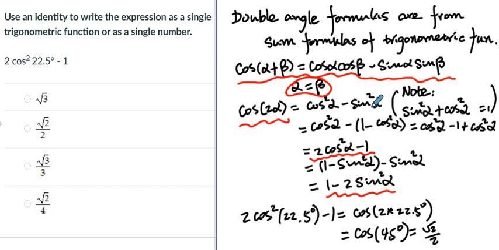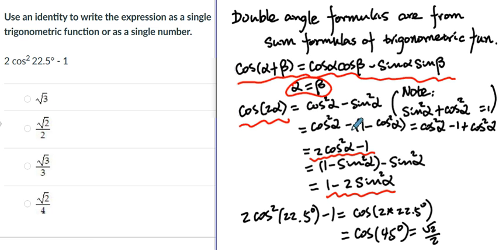Sine alpha squared will be equal to 1 minus cosine alpha squared if I take cosine alpha squared to the right. So here I simply replace sine alpha squared by 1 minus cosine alpha squared. If I take cosine alpha squared to the right, positive will become negative.